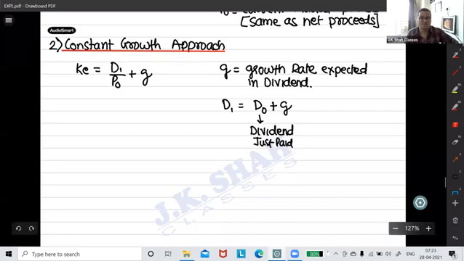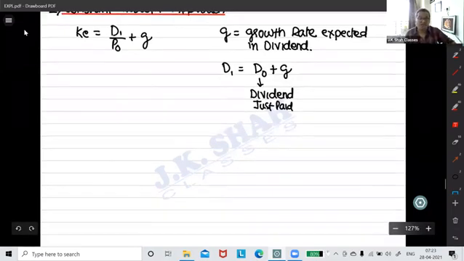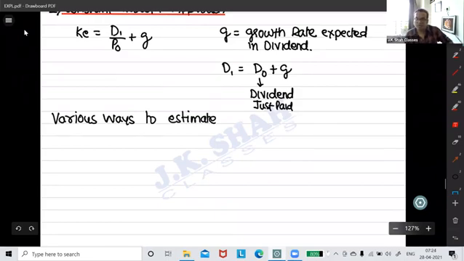See, I'll explain. Again, there are various ways to estimate the growth rate.